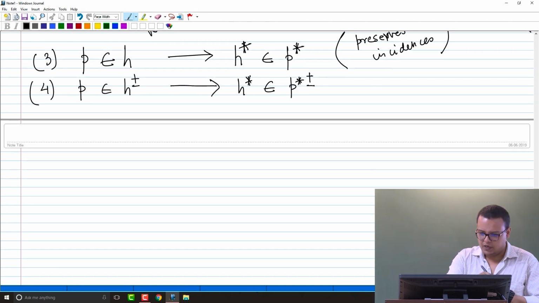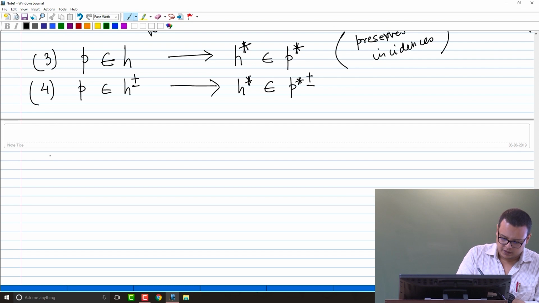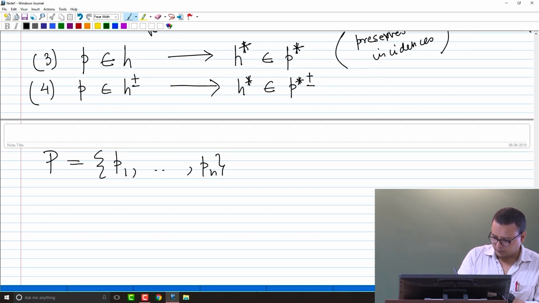Okay, so let's look at this case. Let's say P is again a set of points in R^d.